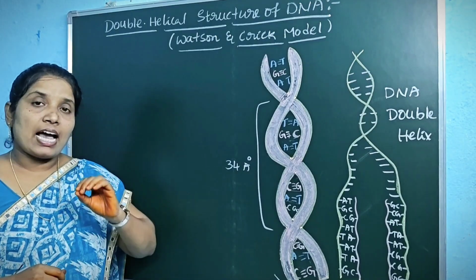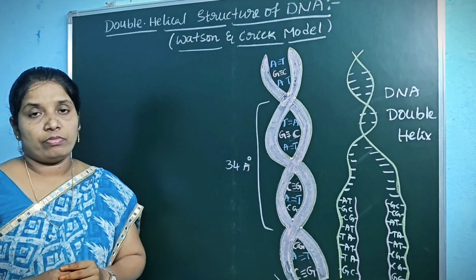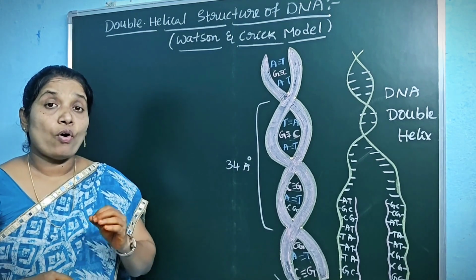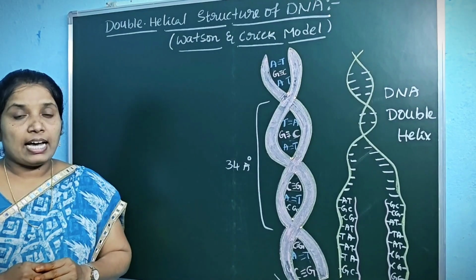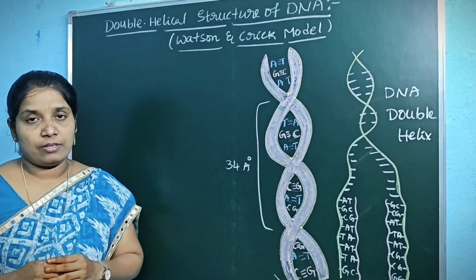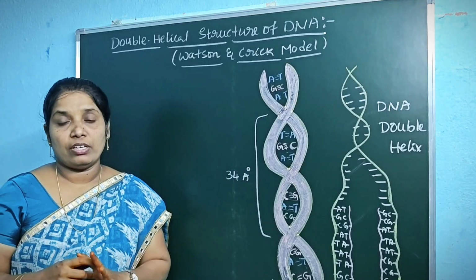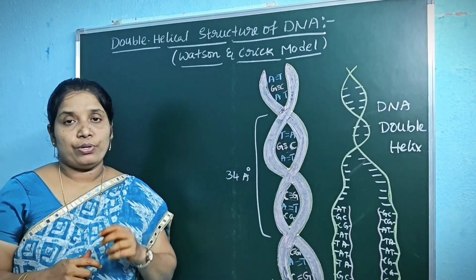Each strand is made up of nucleotides. That's why DNA is a polynucleotide chain. In the earlier classes we have already discussed the nucleotides. If you want a clear explanation about nucleotides, you can see the previous video.